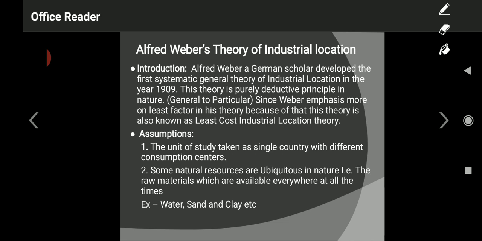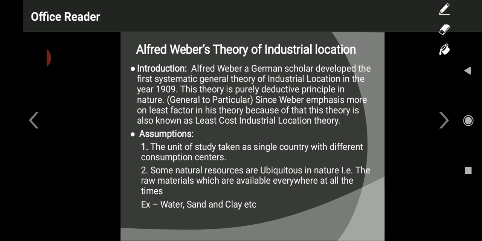In a particular country, there are different areas, different places to locate your industry. So it is left to you to decide where to locate your own industry. If you read Weber's industrial location theory, definitely you will understand where to locate your own industry. This is about the first assumption.